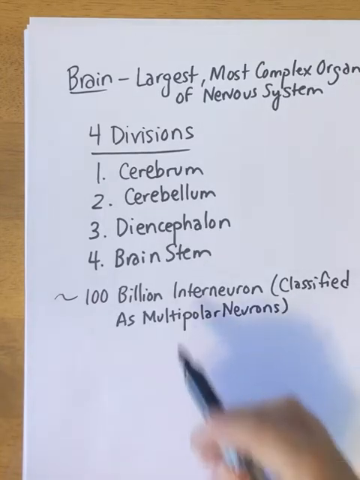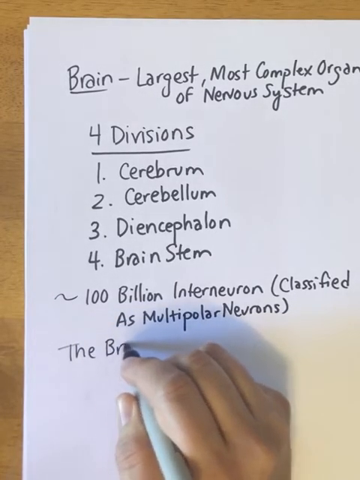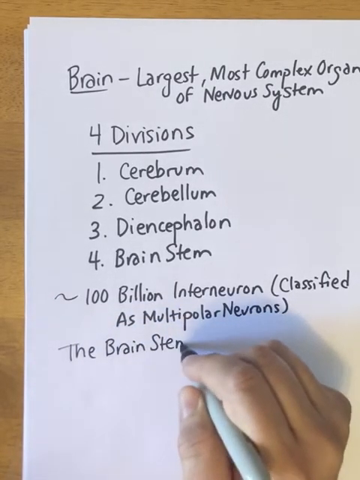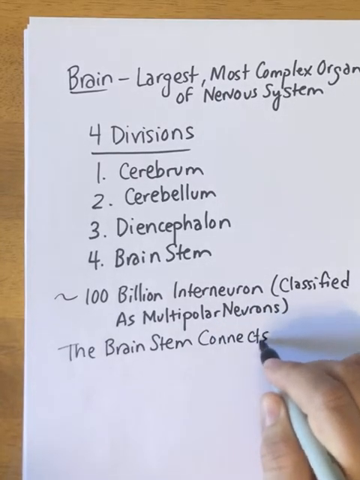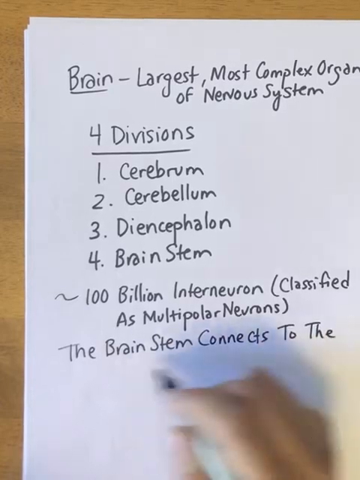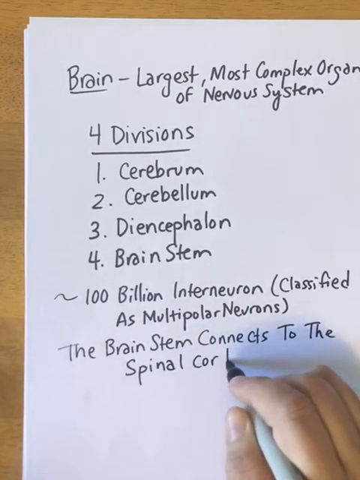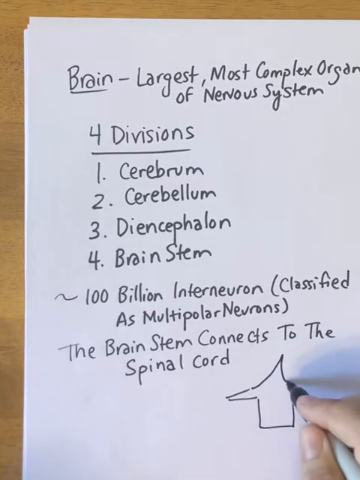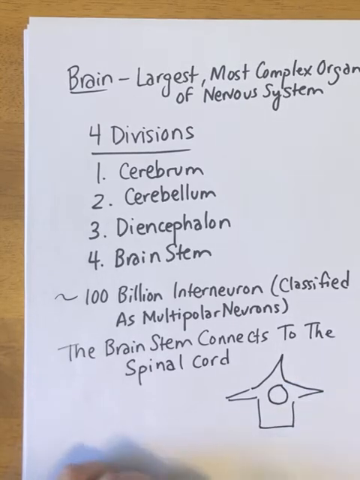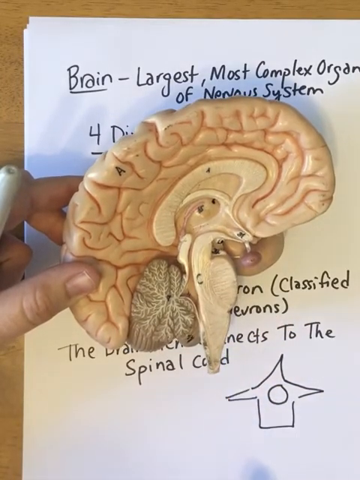Now, when we talk about the brainstem, the brainstem is going to connect to the spinal cord, which is going to continue its way down through the vertebrae, through the vertebral foramen. So the brainstem is going to continue right here as the spinal cord.